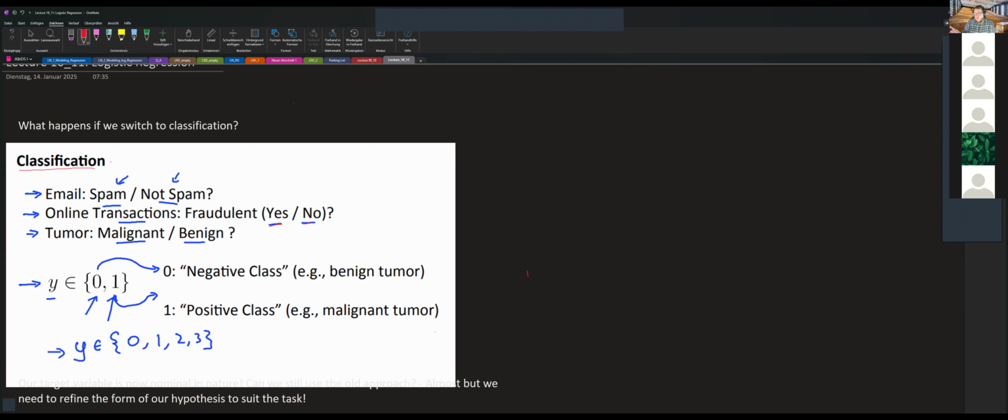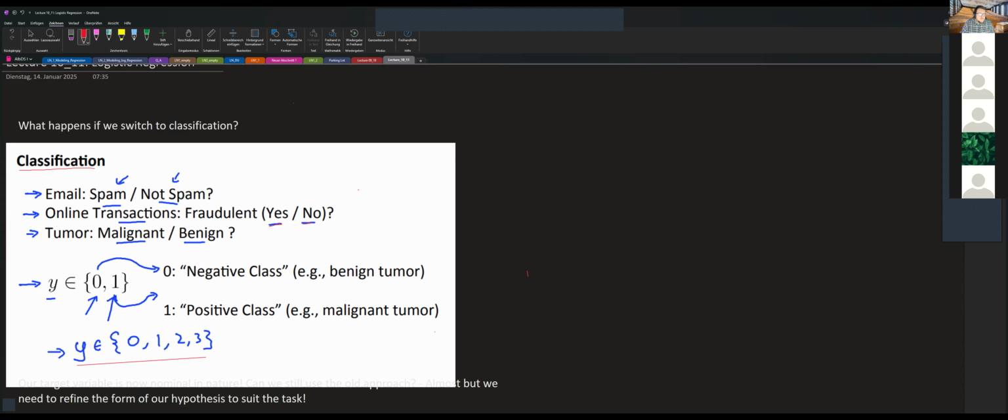A classification doesn't have to be binary. Here we only have examples for binary classification, but it can also be 4 or 5 or 6 classes. It doesn't matter. It's also a classification.